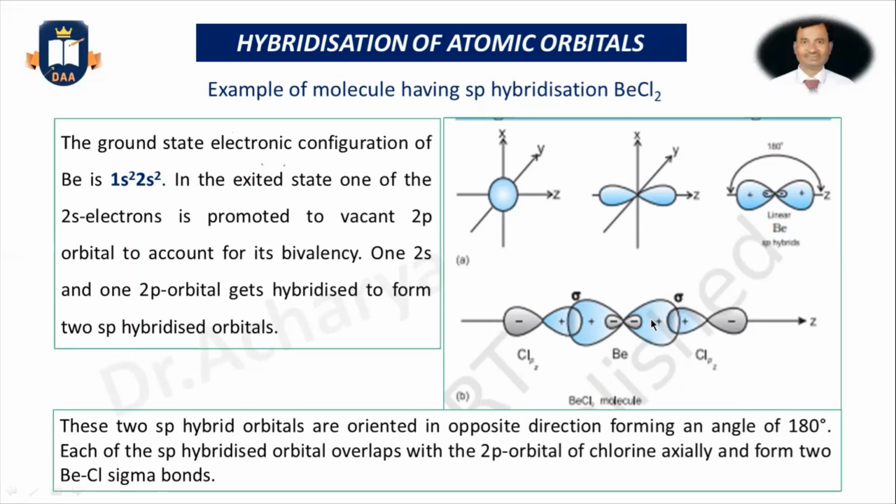For this also, the positive lobe of beryllium will participate with the positive lobe of the chlorine atom's p orbital to form another sigma bond. And this is called axial, because bond formation is happening through the axis in the case of BeCl2.